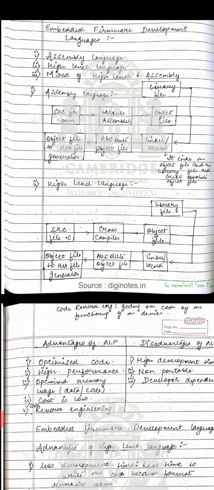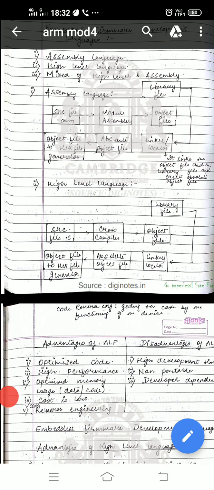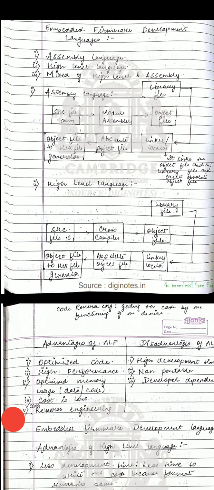The next one is the library file. The library file extension is .lib, and it has function definitions. The library file cannot be read by humans. These are in the form of machine codes, and the library file contains pre-written code, subroutines and values.